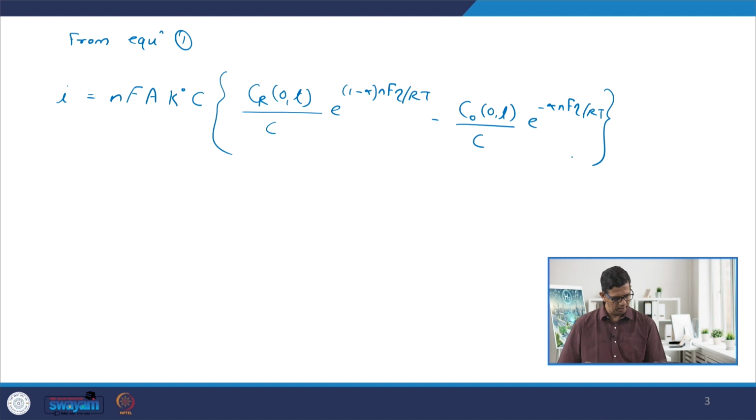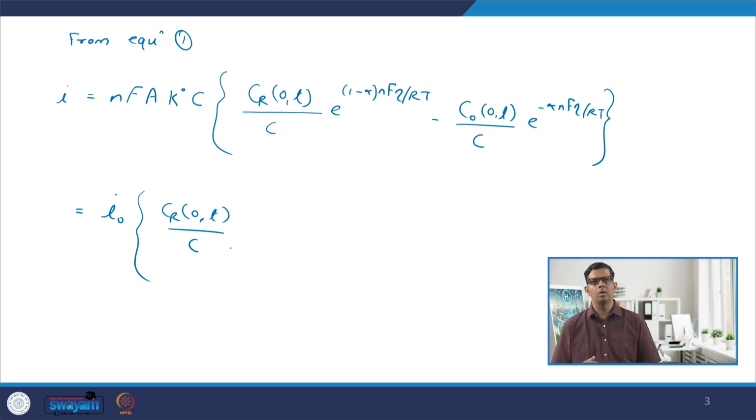So if I rearrange these terms, the term outside the bracket is nothing but your exchange current I naught, and I can write the same expression again, C_R(0,t) by C*.